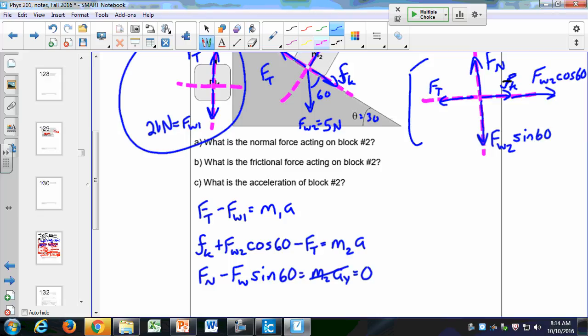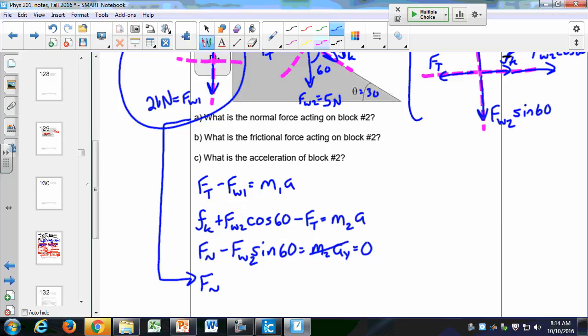So for the first part, Fn is equal to Fw2 times sine 60. Fw2 is 5 newtons times 0.86, so that's 4.3 newtons. So that's the answer to part A.